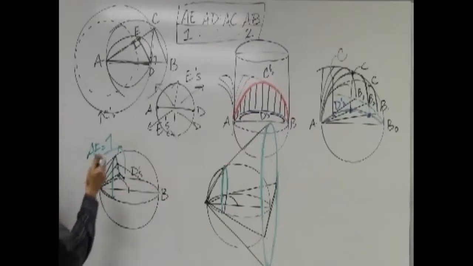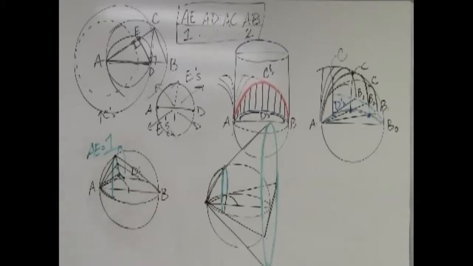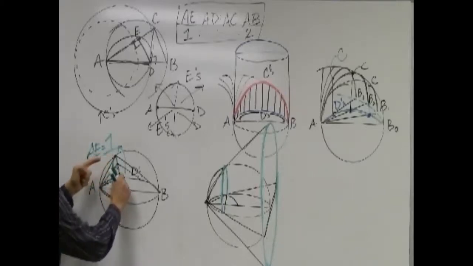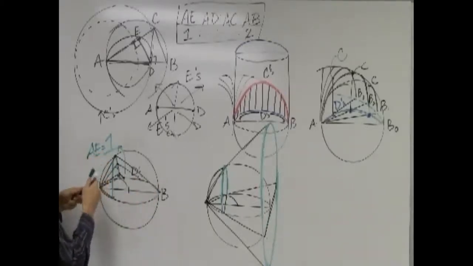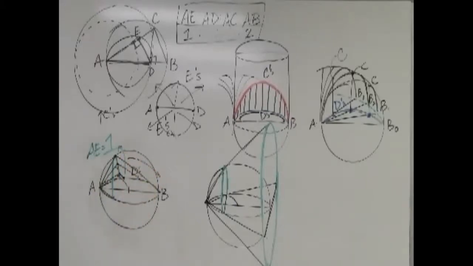When I reach the top up here, D is going to be all the way at B. So if we take some specific point D along that green line, there's a corresponding motion. As E moves up, D moves around. Good question.